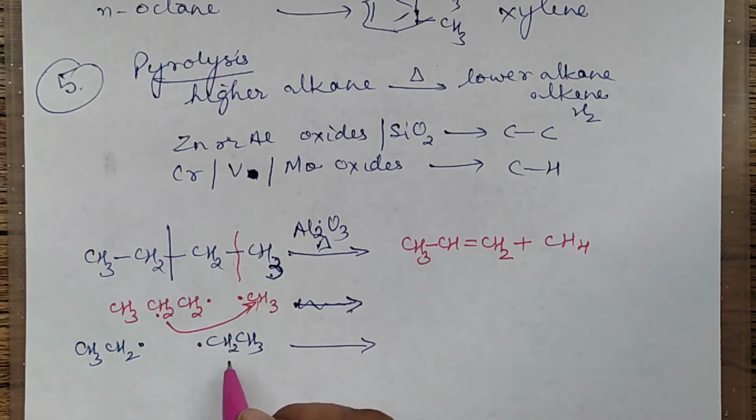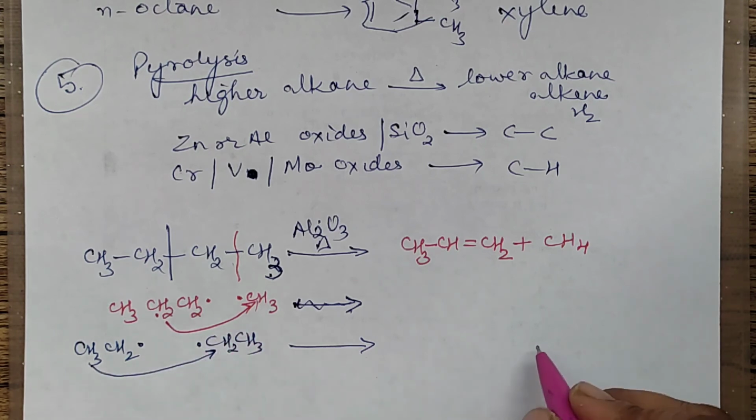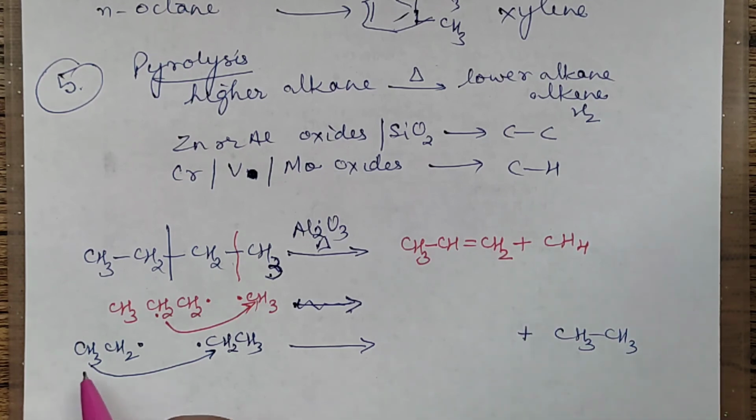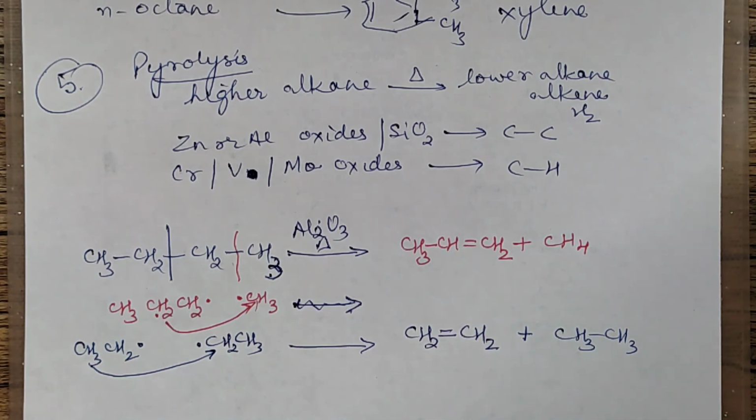Then the possibility here is that a carbon-hydrogen bond may break and form a free radical, and one H from here may come this side and make this CH3, CH3. So it may form CH3, CH3, that is ethane, and this is now a CH2 free radical, and this free radical, they will combine and will result in the formation of ethene. So it may form ethene and ethane.